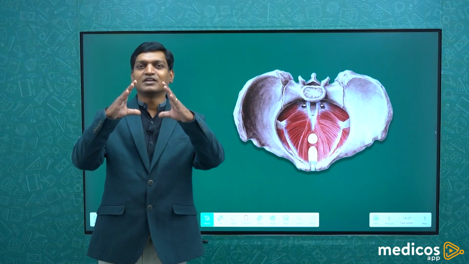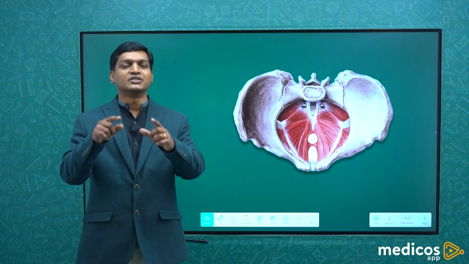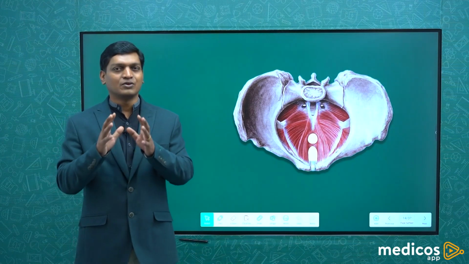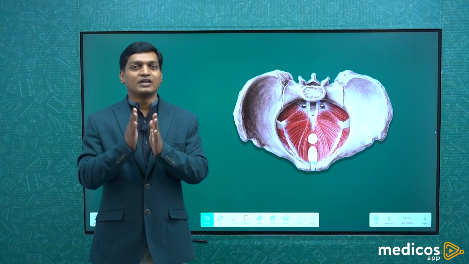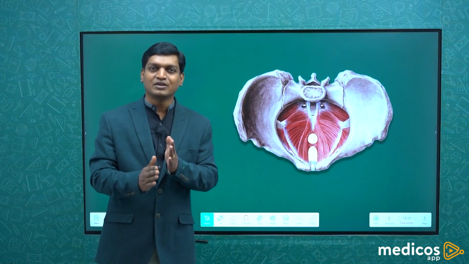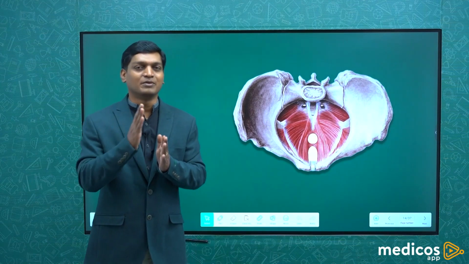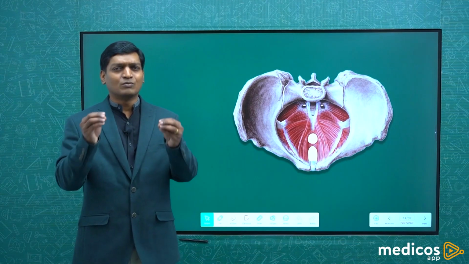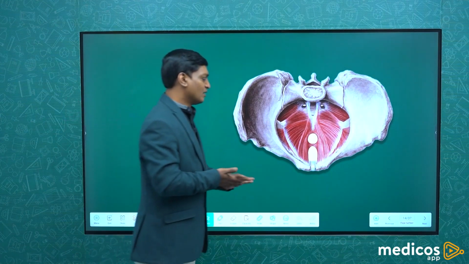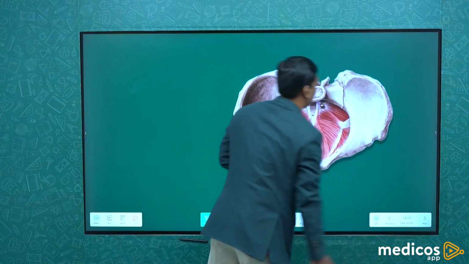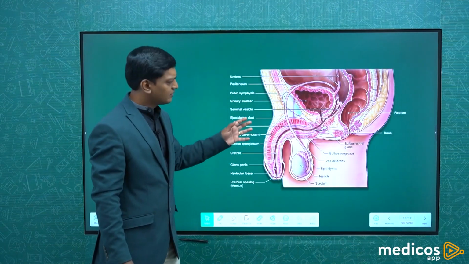So it's a diamond-shaped area that includes external genitalia and anus. So you are going to study about the anus and external genitalia under the perineum. Not only that, we have the perineal membrane, superficial perineal pouch and deep perineal pouch. For the pouches you should know boundaries and contents. That's enough.